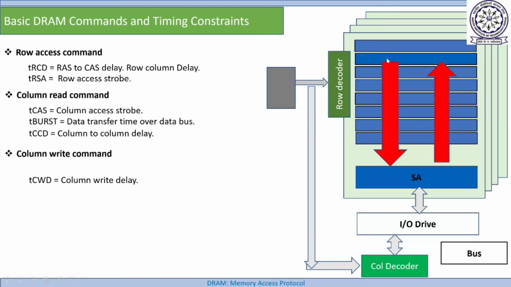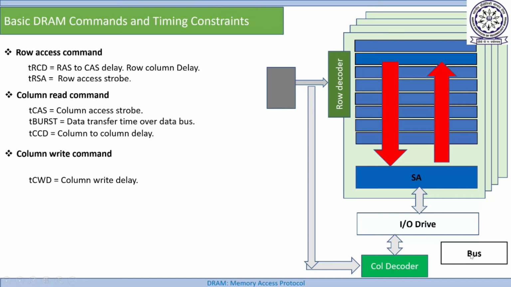That means the transistor of every DRAM cell in this row must be on, so that if we change something here in the sense amplifier, that change must be reflected or restored here. This bus is responsible for any data communication between the controller and the DRAM. So if the controller wants to write something to DRAM, then data will be available through this bus, right?